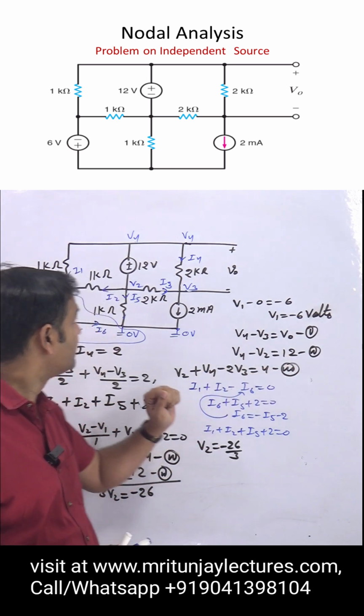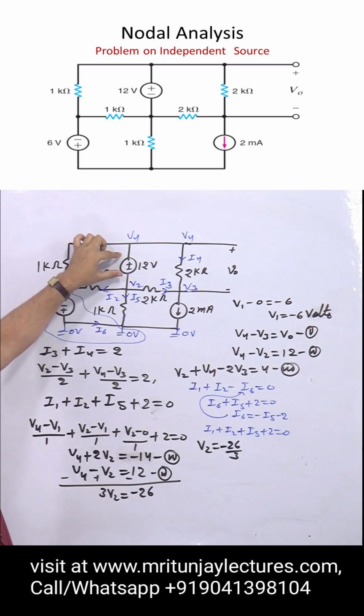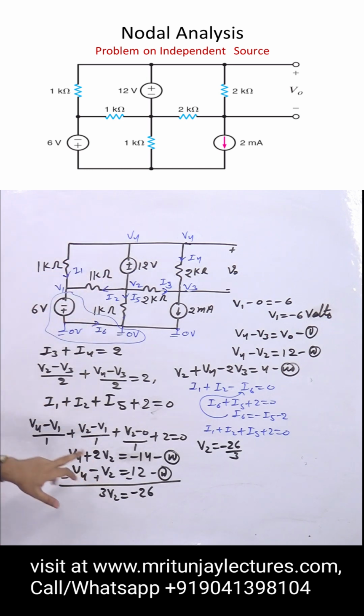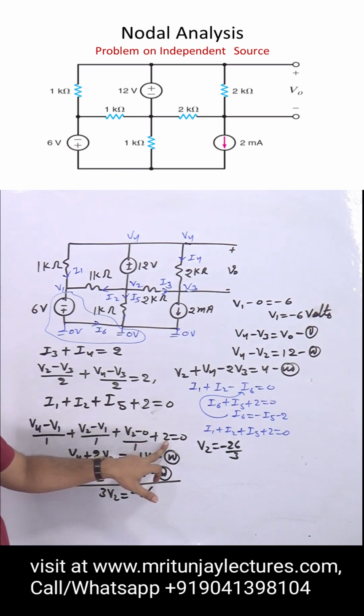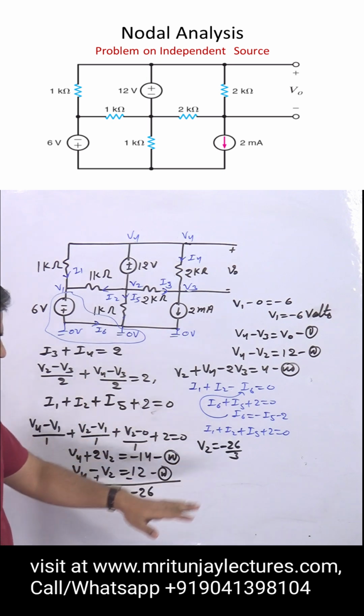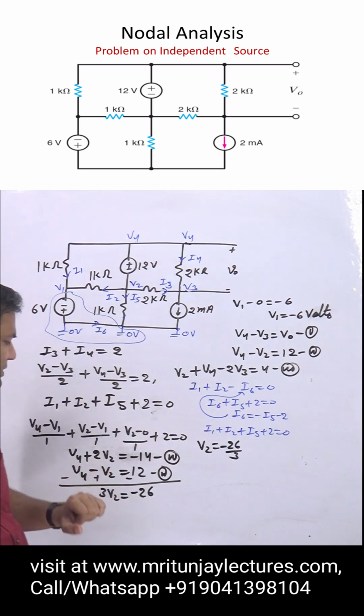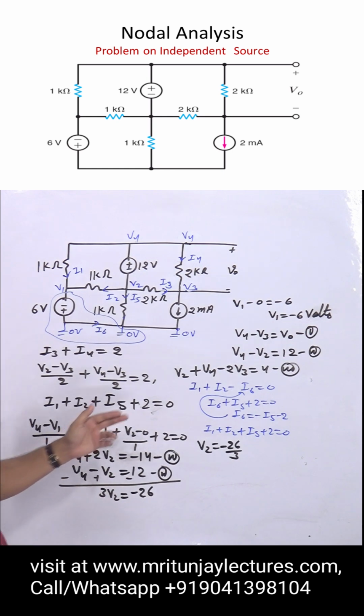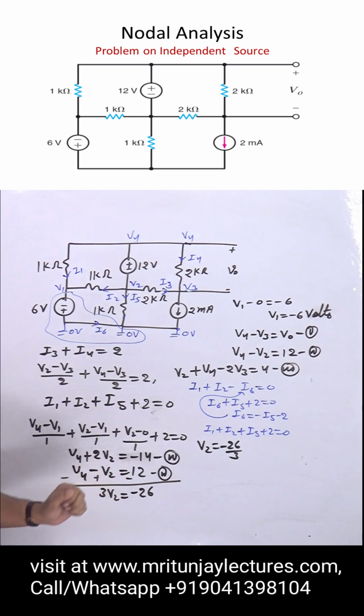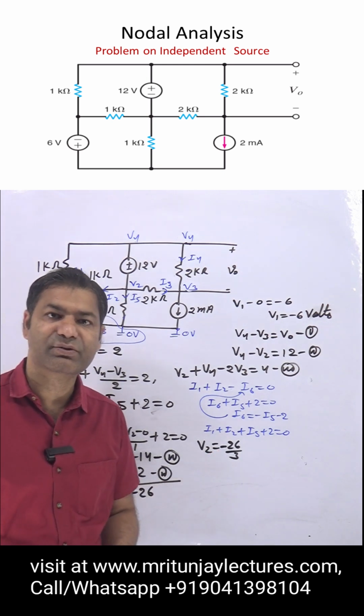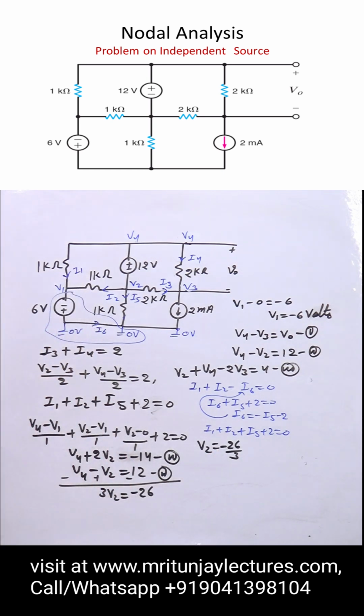V4 minus V2 equals 12. And this one V4 plus 2V2, 12 plus 2, 14. Moving to the other side, there is minus 14. Here minus plus minus, that is 0, and that is 3V2, and that is minus 26. So V2 will be equal to minus 26 by 3 volt.